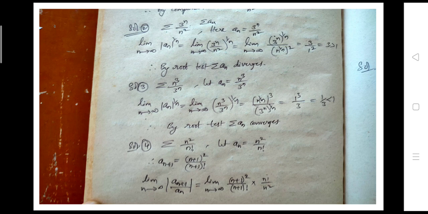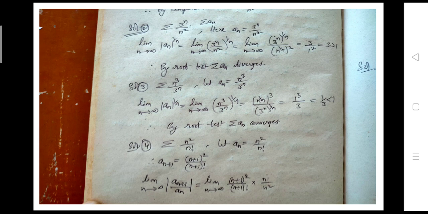And solution 4, sigma n square by n factorial, this is equal to sigma a_n. Here let a_n be equal to n square by n factorial. Therefore a_{n+1} is equal to (n plus 1) whole square by (n plus 1) factorial. Limit n tends to infinity modulus of a_{n+1} by a_n is equal to limit of (n plus 1) whole square by (n plus 1) factorial into n factorial by n square.